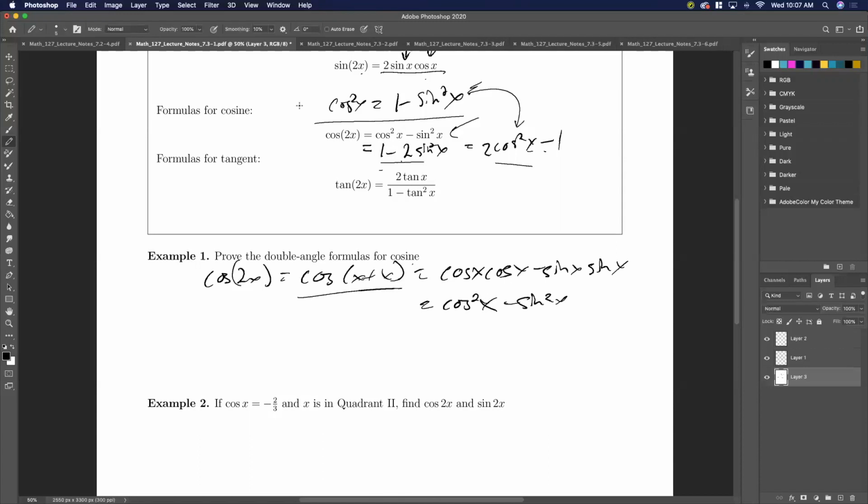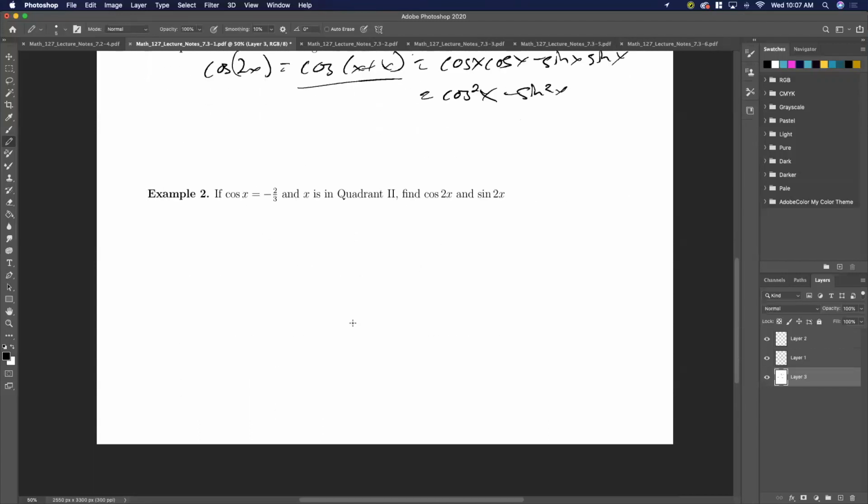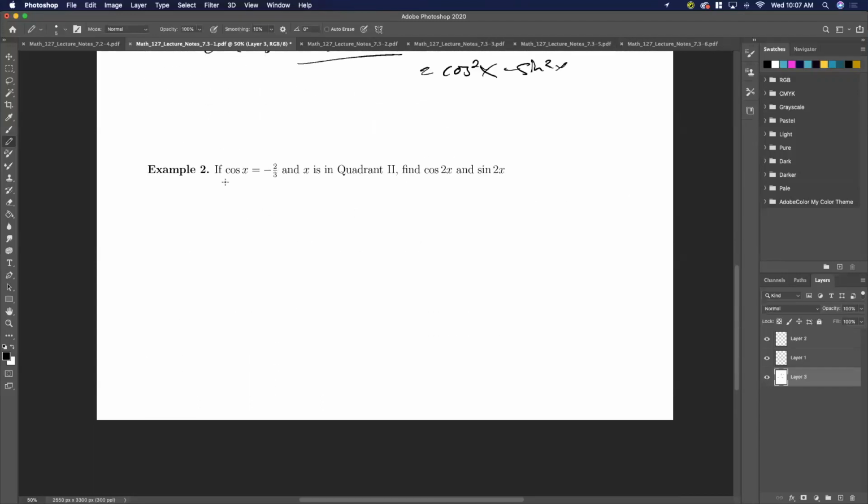So let's go back to these little fun games we play. Given cosine of x, let's find cosine of 2x and sine of 2x. Let's wander through this. If cosine of x equals 2/3, I can draw a triangle for that if it's in quadrant 2.